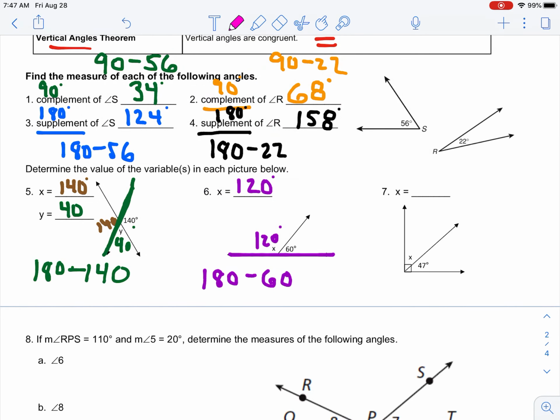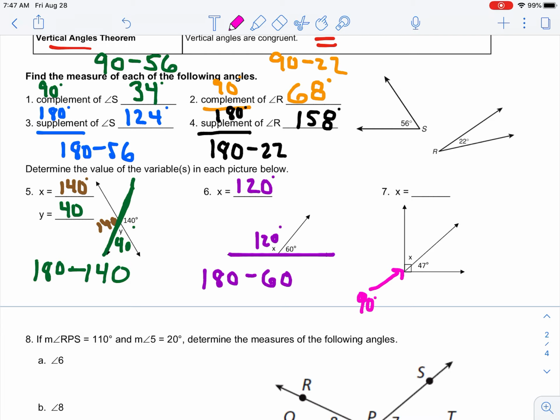All right, let's go to number 7. Number 7, you'll notice this symbol right here in the corner, this box. All right, remember from the section before this that box stands for a certain degree. That square stands for 90 degrees. So I know that this is going to be 90 degrees total.